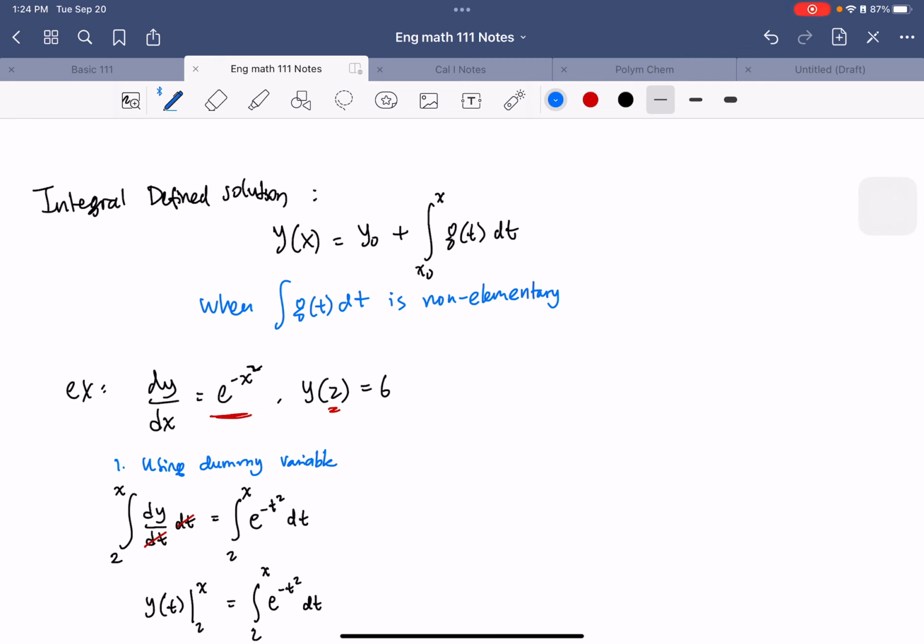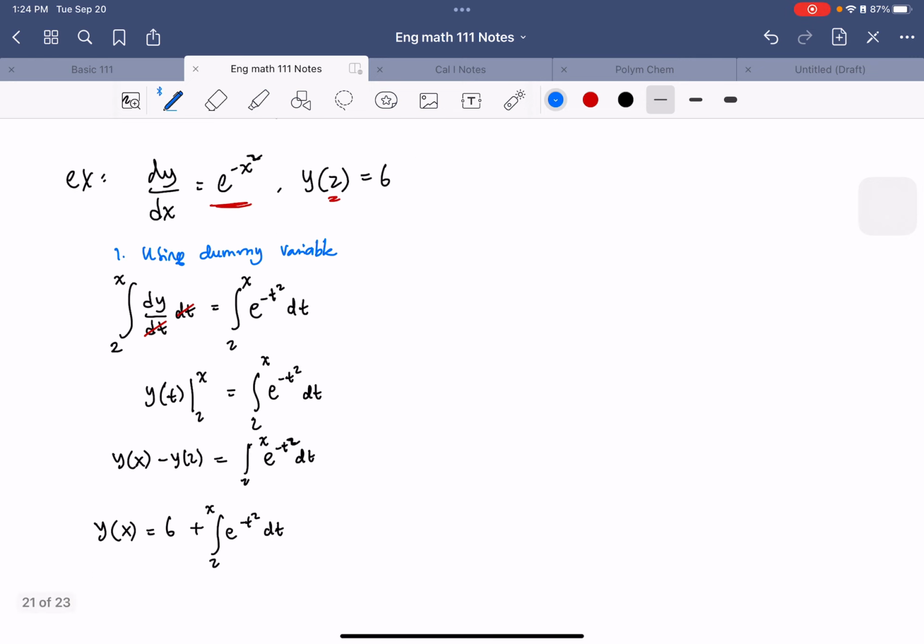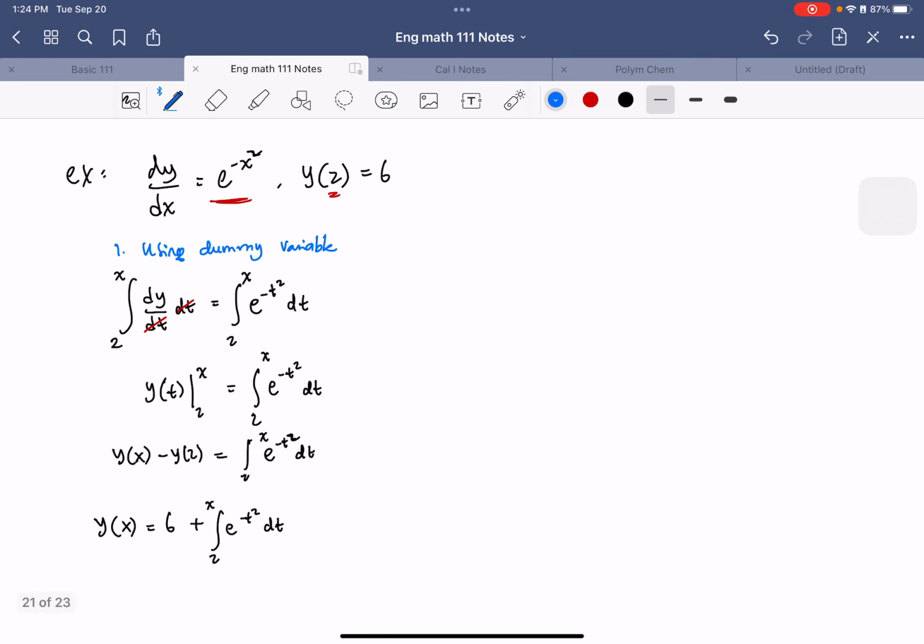For the right side, just leave it in integral form, and that will be our final answer. Include this integral form. That also can be a choice for your answer.